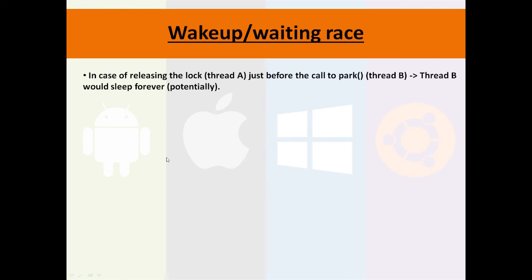There is, however, one additional thing that needs to be considered, and that's the case of, say, thread A releasing a lock just before thread B calls park. This would mean that thread B would sleep forever.